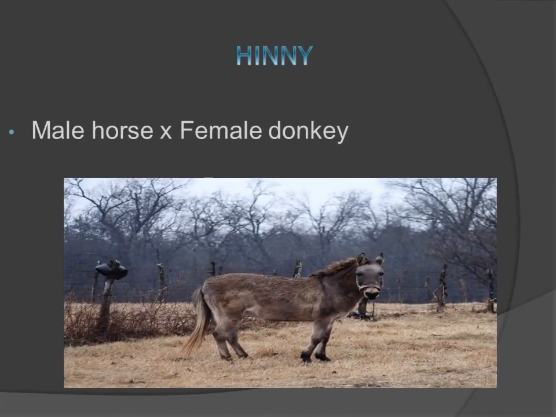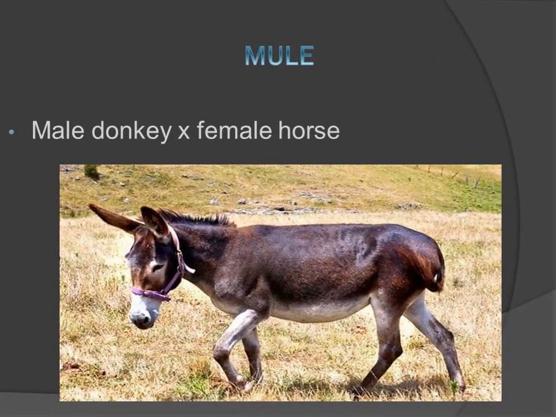Example, the first one is hinny. This is produced by the crossing of a male horse and a female donkey. When a male horse and a female donkey are crossed, it produces the young one called hinny. Alright, and the next one, mule. When a male donkey is crossed with a female horse, it produces this sterile animal, called mule. Fine.